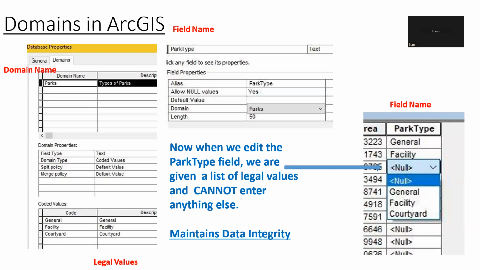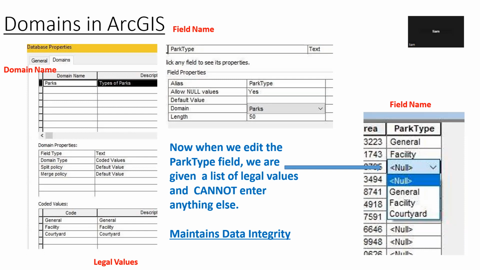Yeah, and this is so many screenshots, so you can just hit this on the right side. So once you apply the domain to this park type column, the only values that you can add here will be general, facility, courtyard, right?